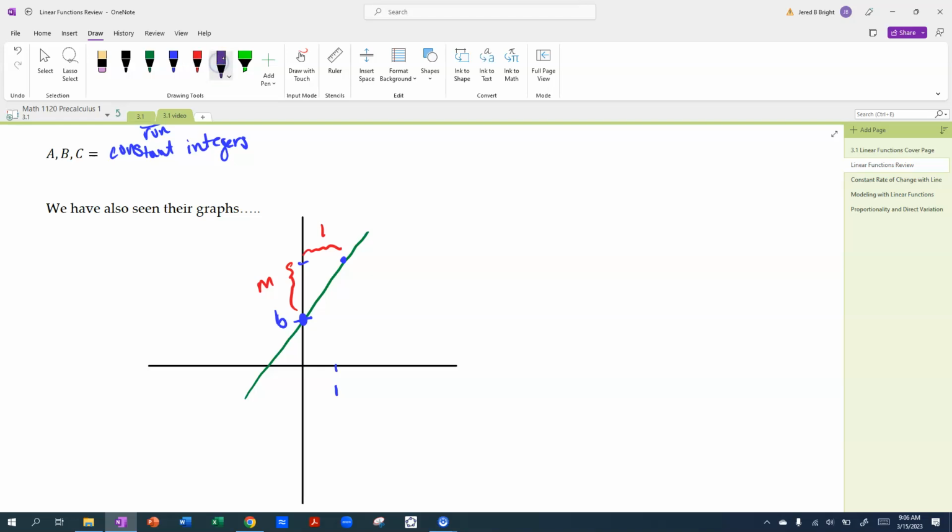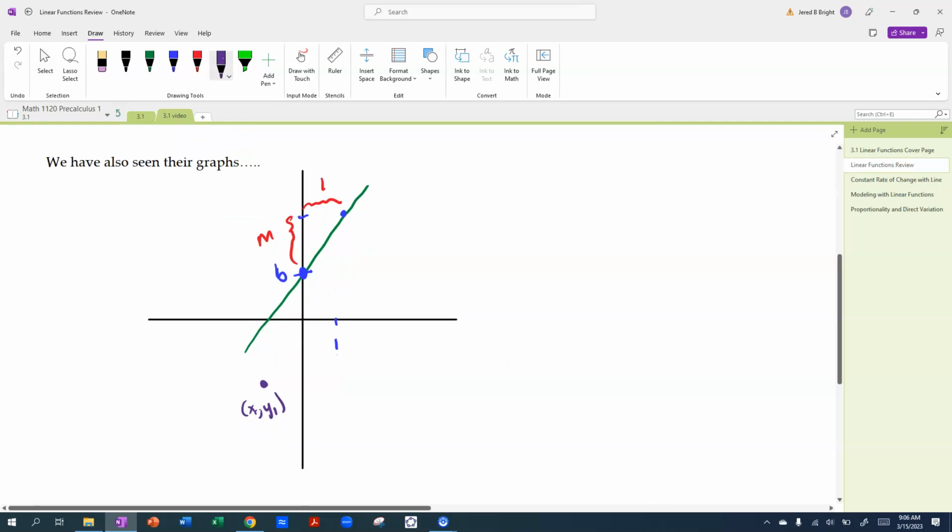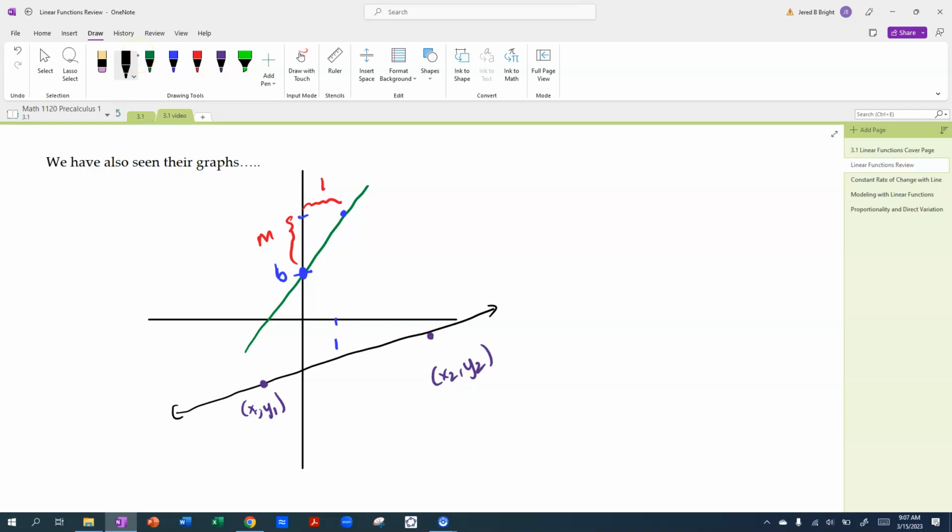In a similar vein, we could also say, okay, well, maybe we have just two general points. Here's our point x1 comma y1, and then over here was our second point, x2, y2, okay? And with that, we could construct a line like this, okay?